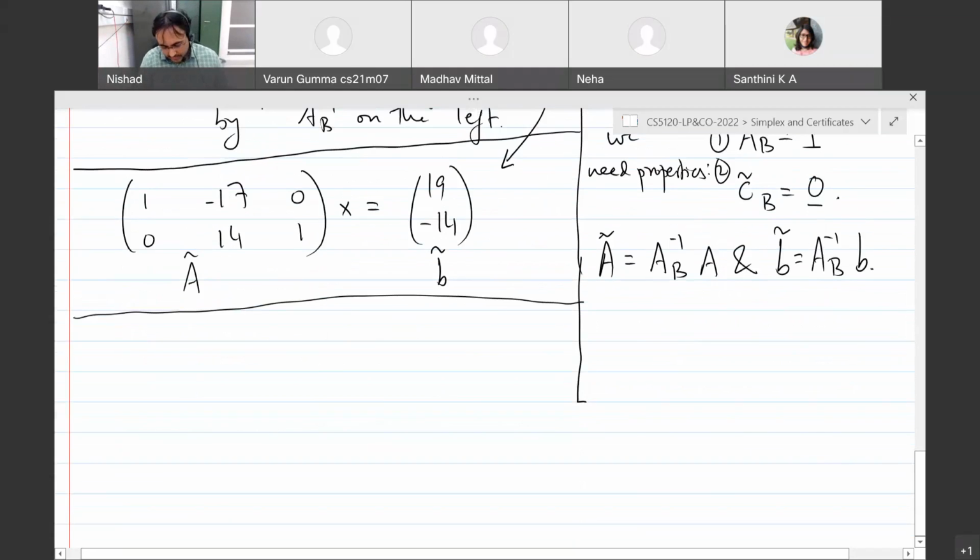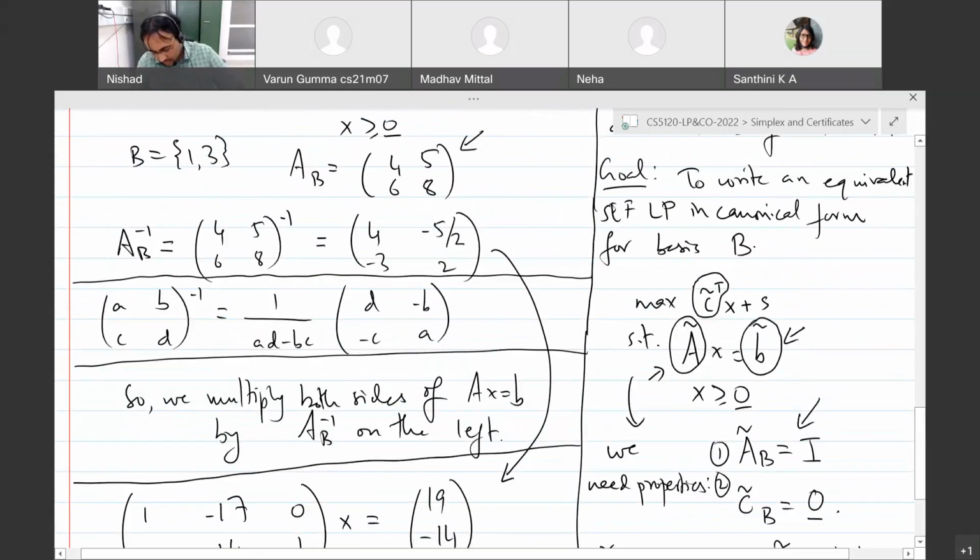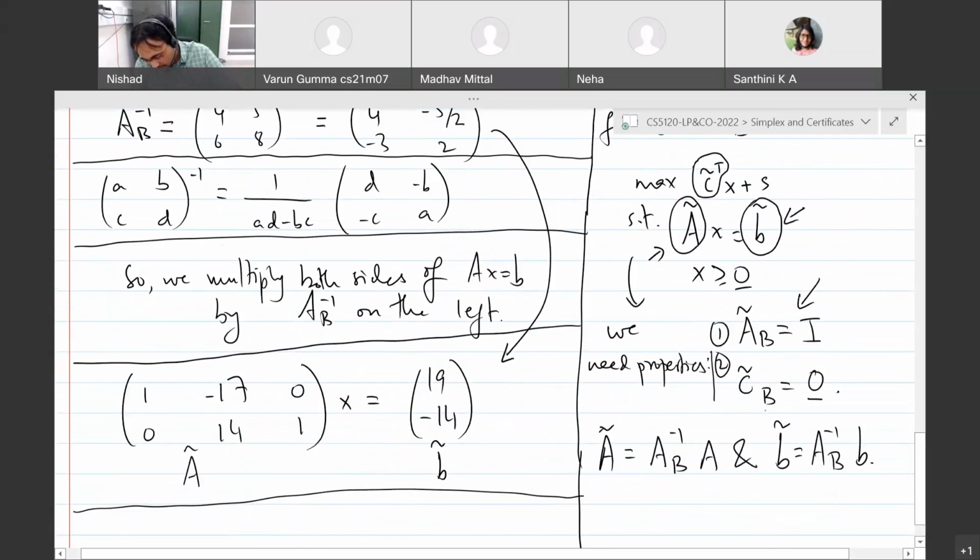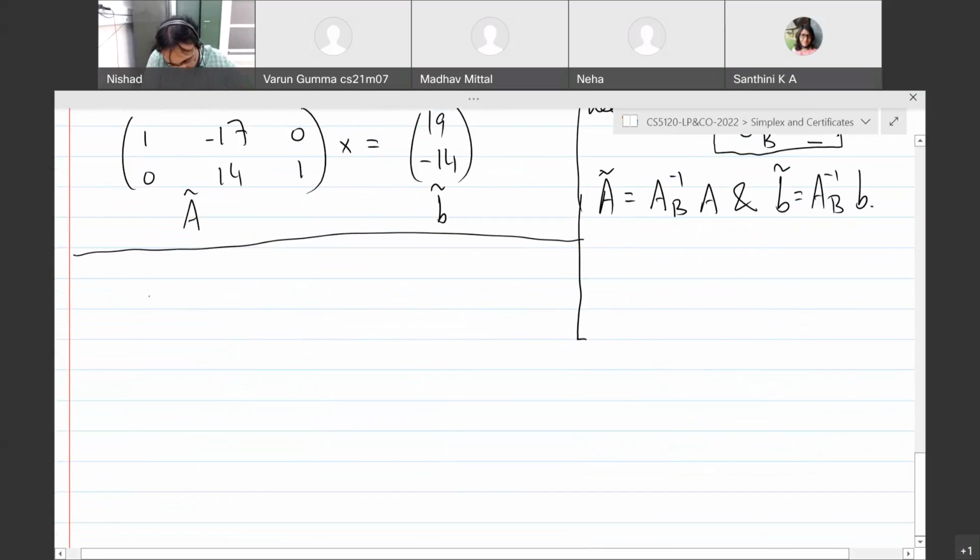So now we still need to work the second part out. How do we make sure that the objective function has this property, that the basis entries are all equal to 0? This is property 2.